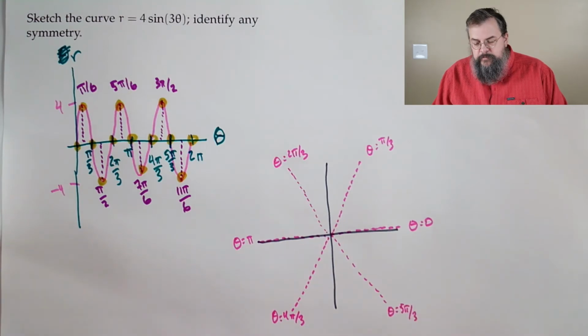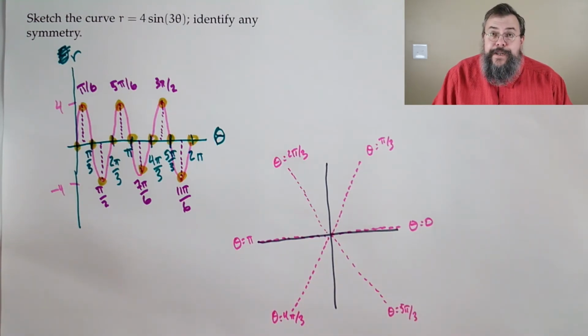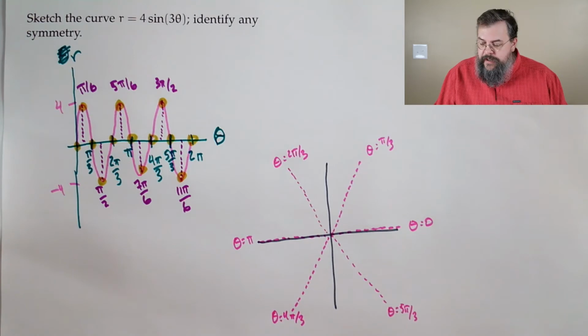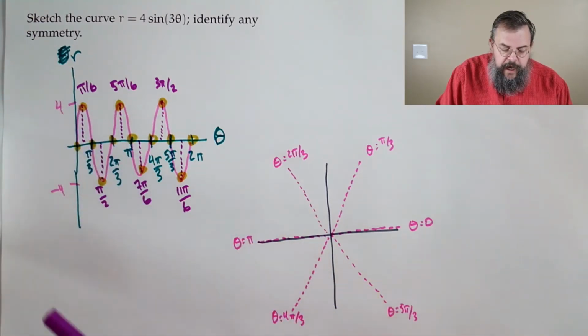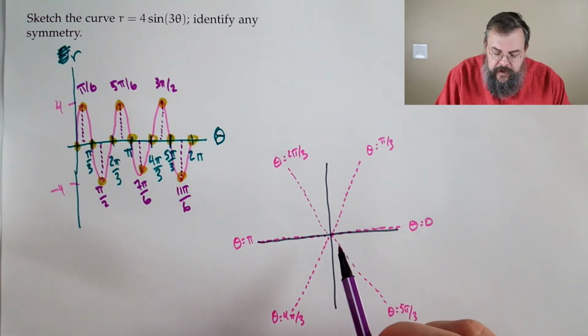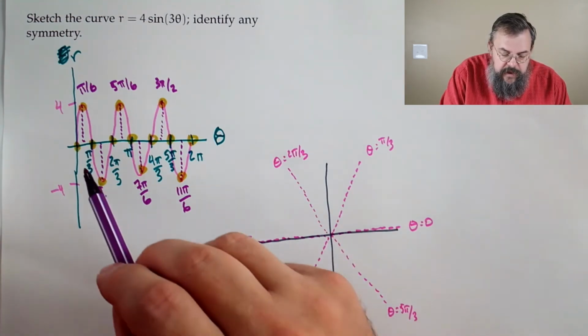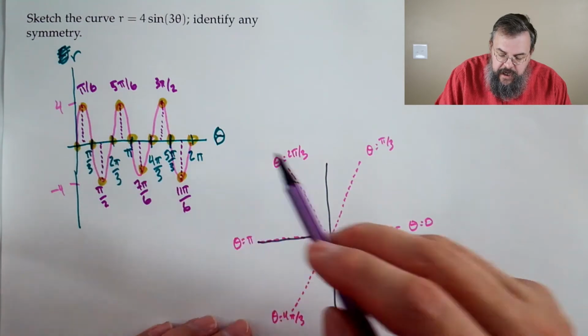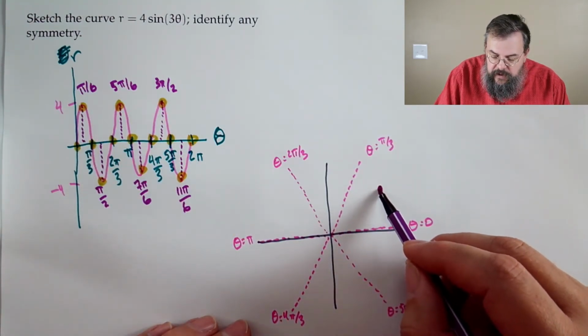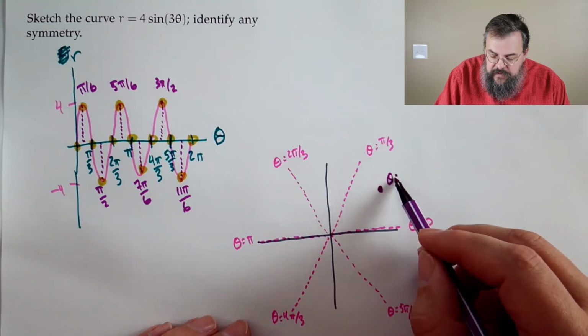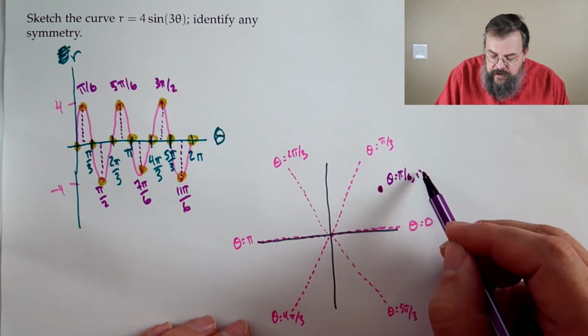All right. And now we're actually going to be in pretty good shape, right? So let's start with this first piece here. What happens? Well, we're going to start at 0, and then we're going to get further and further out till we get to pi over 6, and at pi over 6 we go out to a distance of 4. So this is at theta equals pi over 6, and r equals 4.